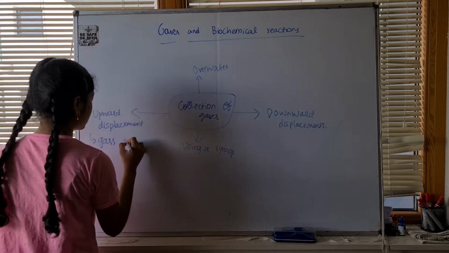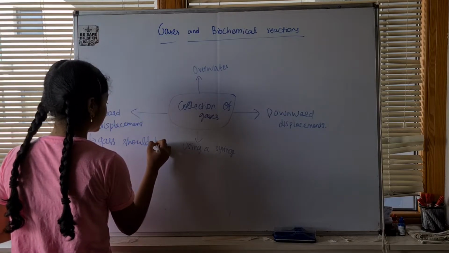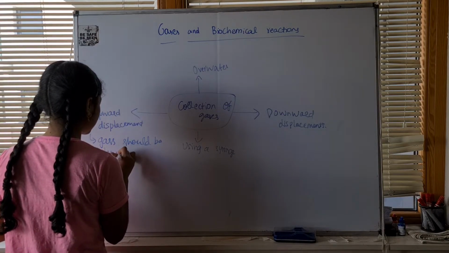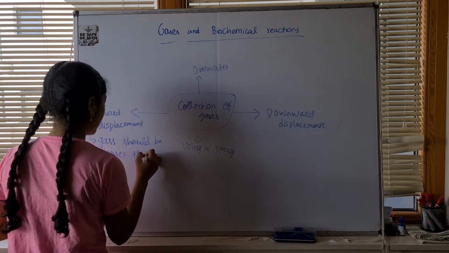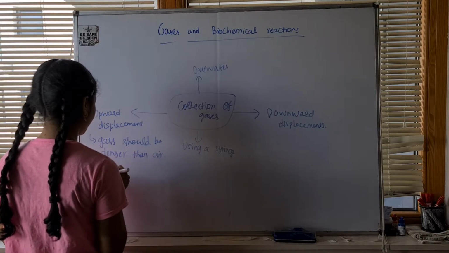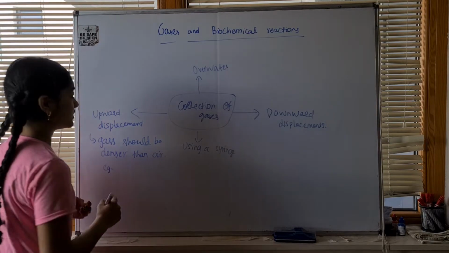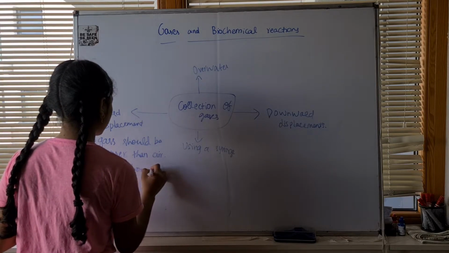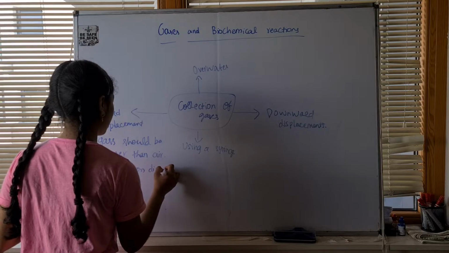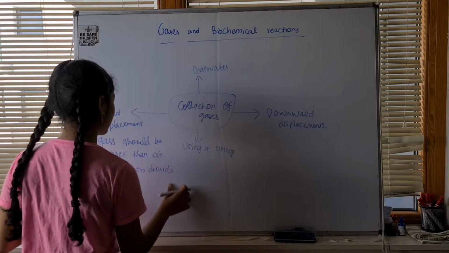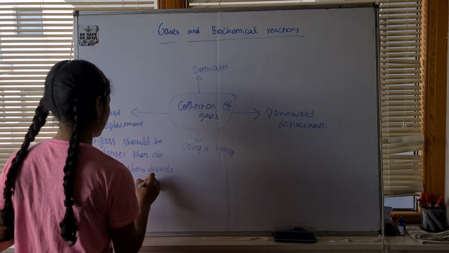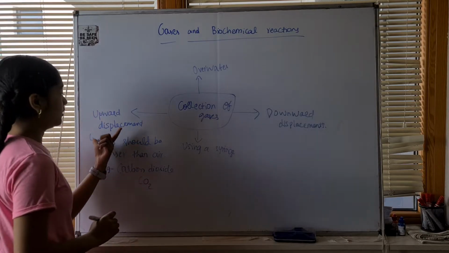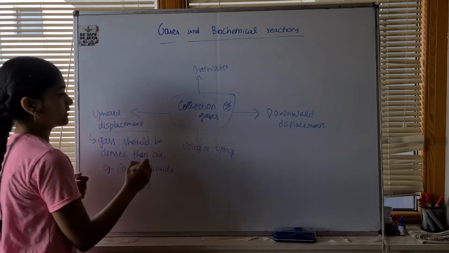Gas should be denser than air. An example of a gas which is denser than air is carbon dioxide, CO2.